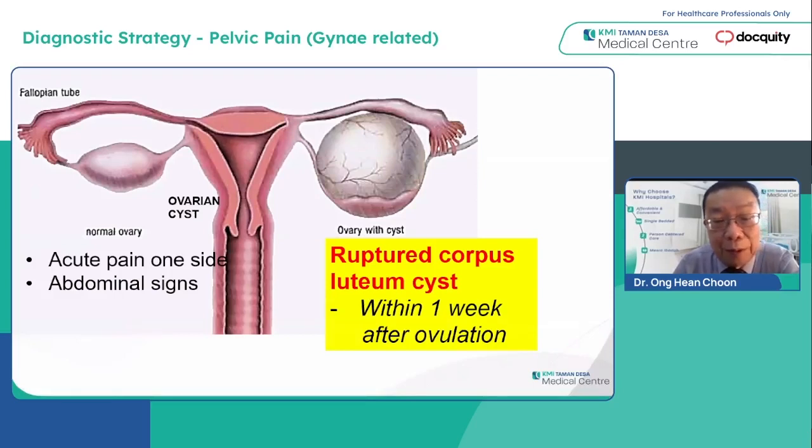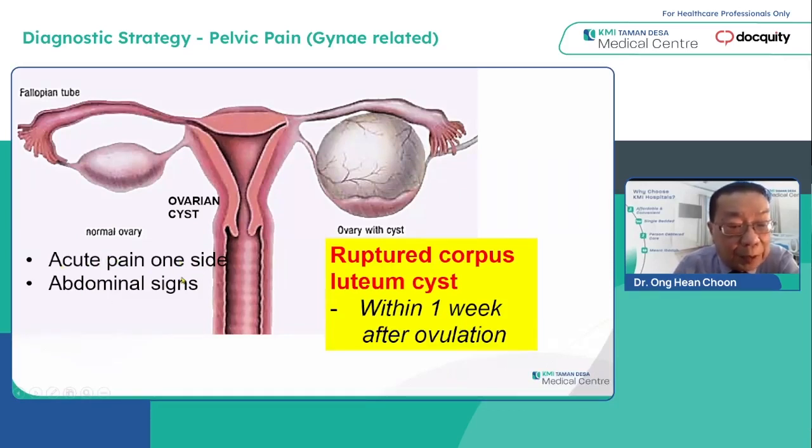There is a very common condition we face in gynecology called a ruptured corpus luteum cyst. You're quite aware that the corpus luteum usually forms after ovulation, and a cyst may form, and sometimes the cyst may rupture. When this happens, the pain is acute, one-sided.